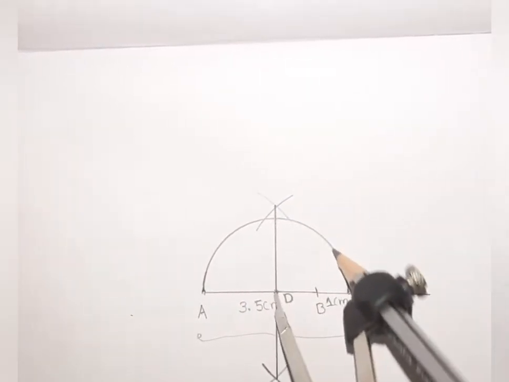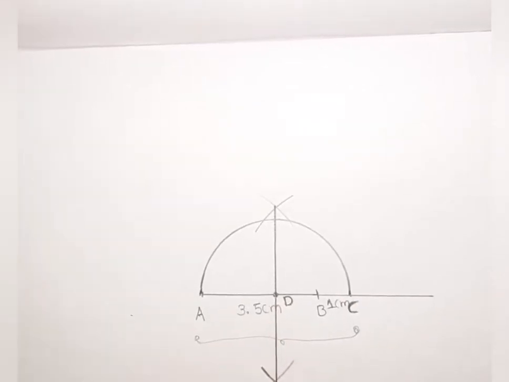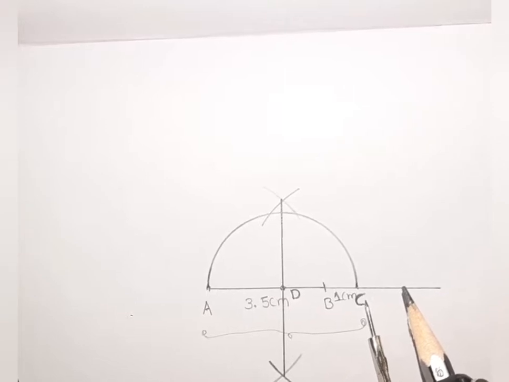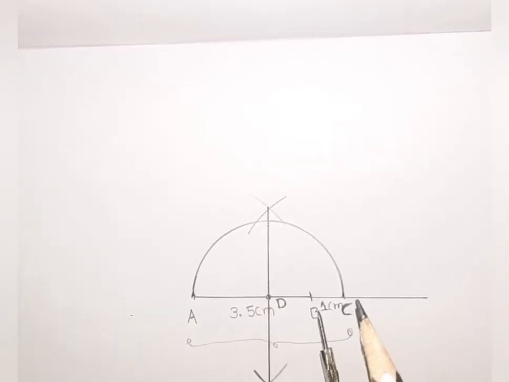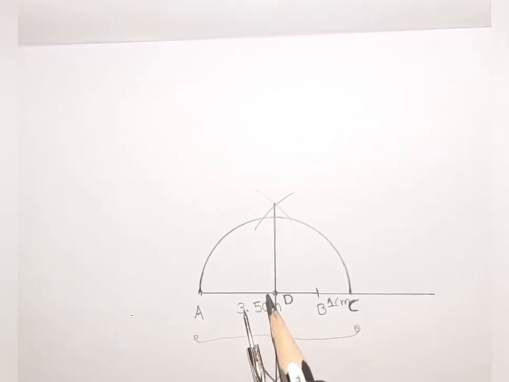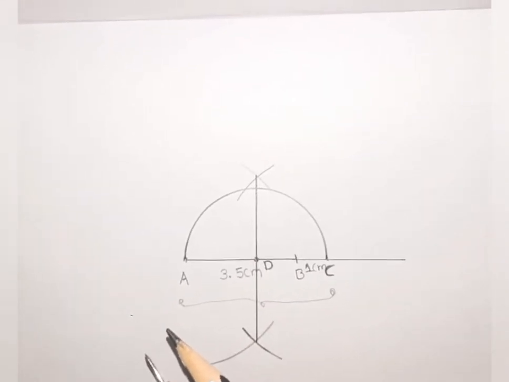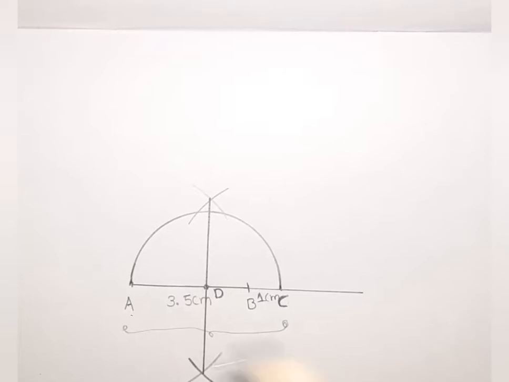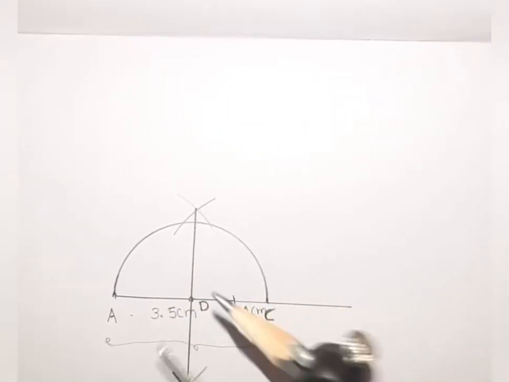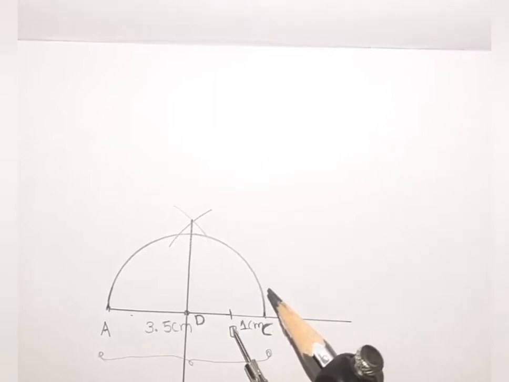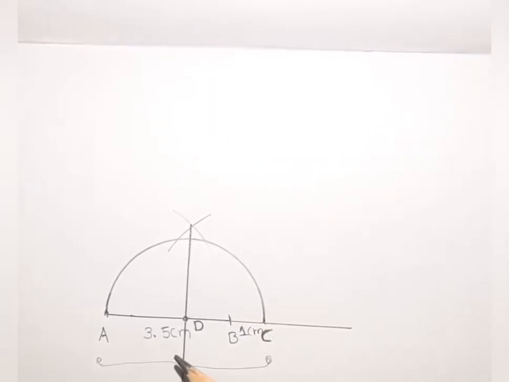Whenever you draw a semicircle, it will touch A point and C point. Now we have to get this root 3.5 on the number line. A and C points we have considered to draw this semicircle. Next, this B point we are going to take now.